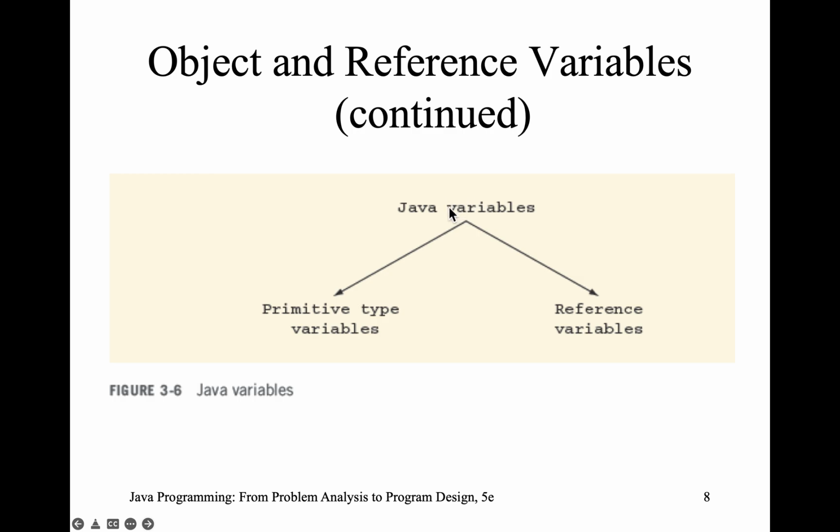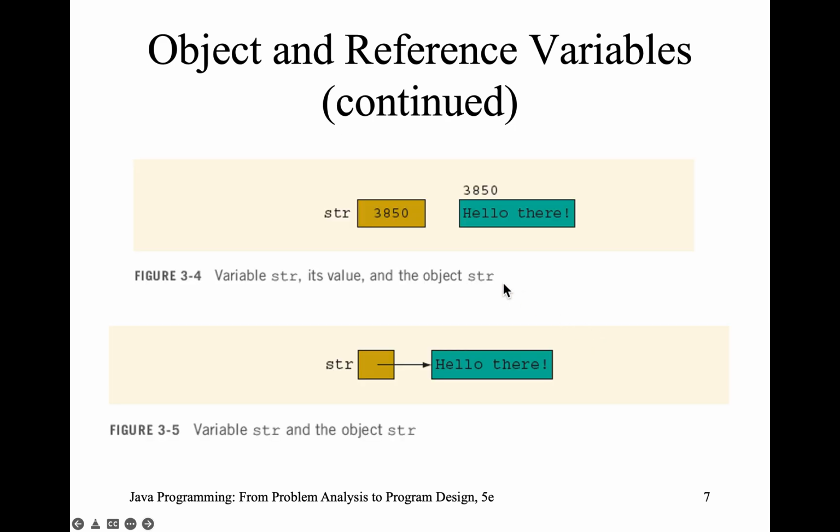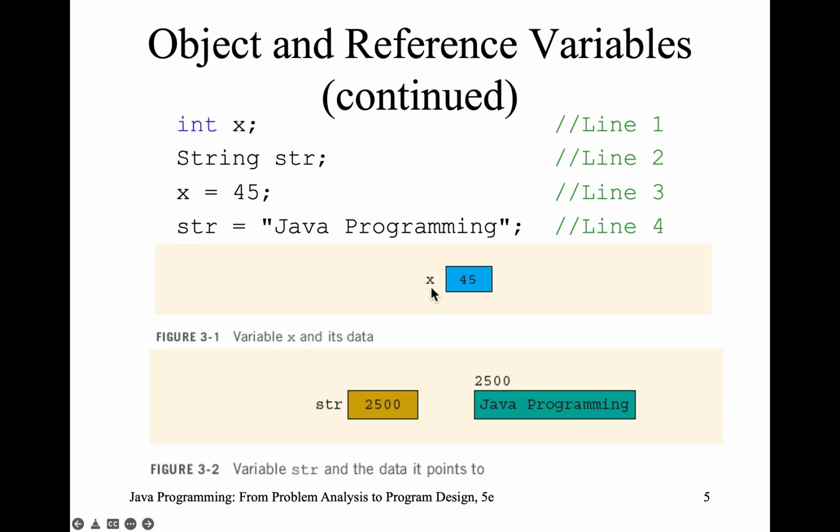Okay, so in Java, we have primitive data types and primitive type variables, and we have reference type variables. So going back here, this is primitive, this is a reference variable. And it makes sense, right? Because str is holding a reference to some memory location out there in memory.